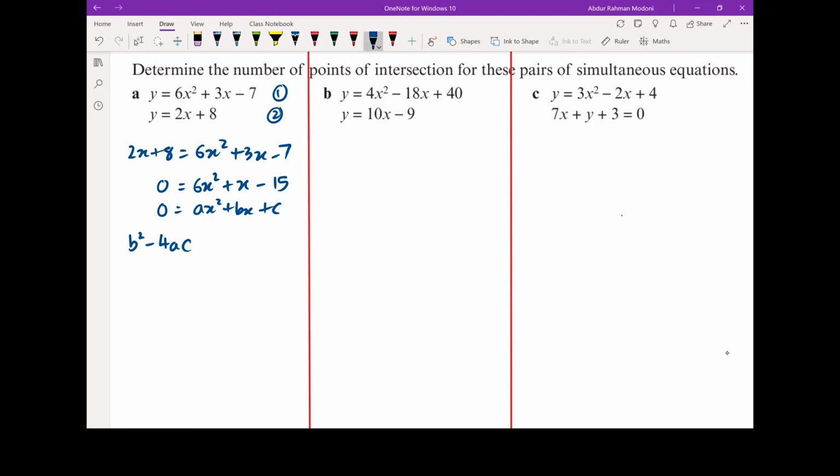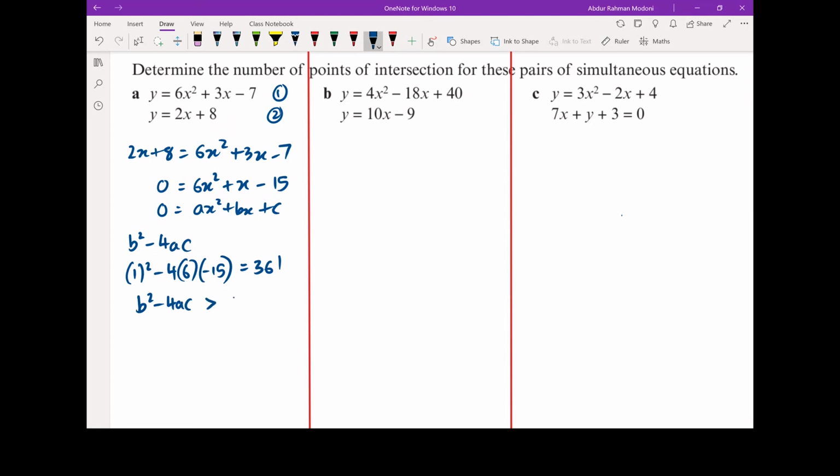So the discriminant is 1 squared minus 4ac, and this gives us 361.